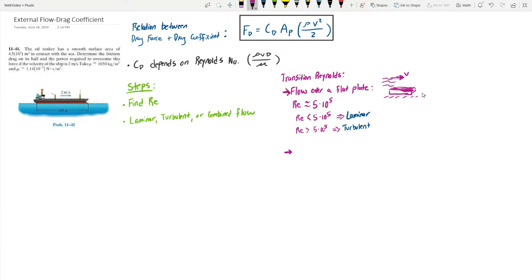And then our other case is if we have a pipe flow, so internal flows through a pipe. For these kinds of flows, if the Reynolds number is less than 2,300, we can say that that is laminar.